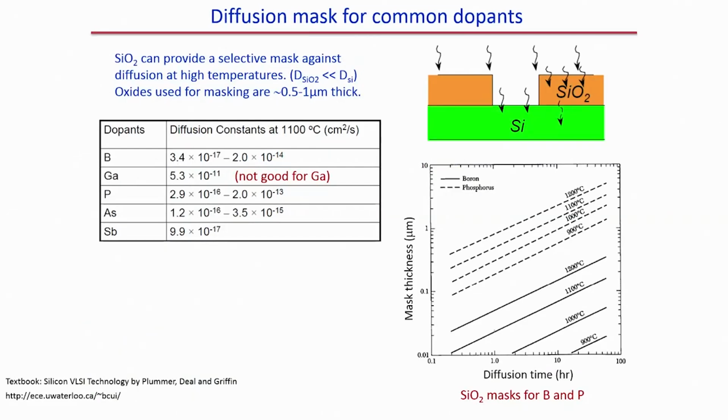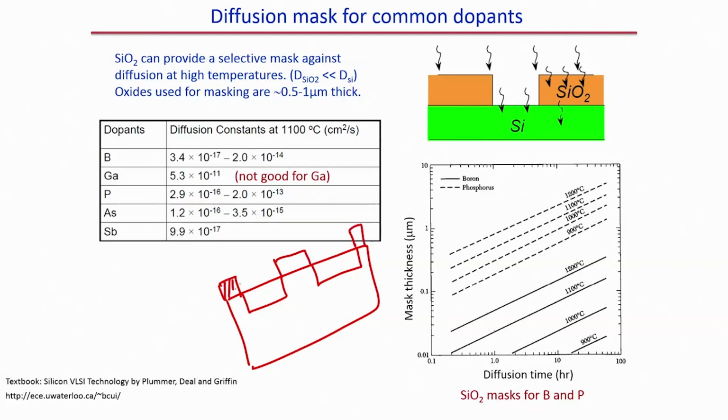Now, moving further, silicon dioxide can provide a selective mask against diffusion at extremely high temperatures, right, because the diffusion coefficient of SiO2 is extremely less than that of silicon. So, when I dope silicon, why do I have to dope silicon? For forming source and drain, right. If I want to form source and drain, I have to dope it, but if I dope it, I have to protect the remaining area of silicon, so that the doping occurs only in the required region to create my source and drain, right.